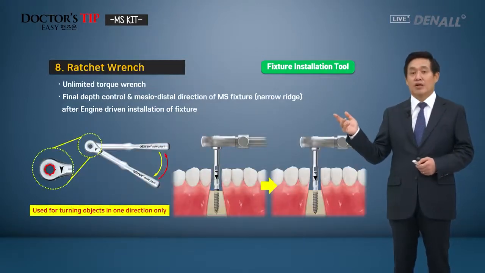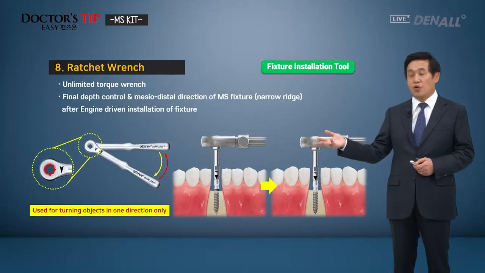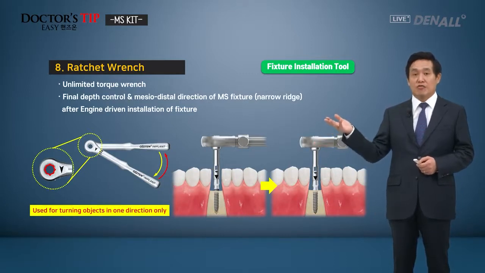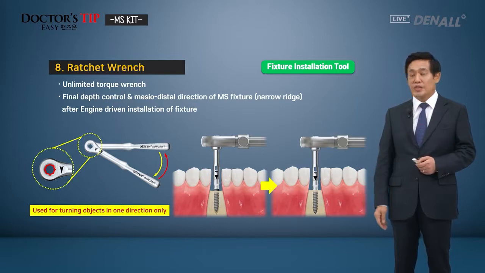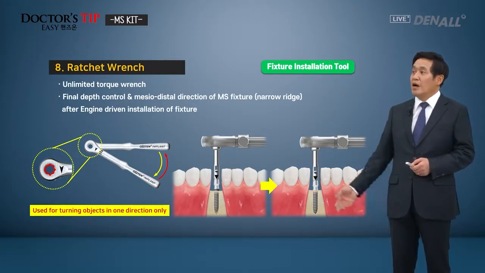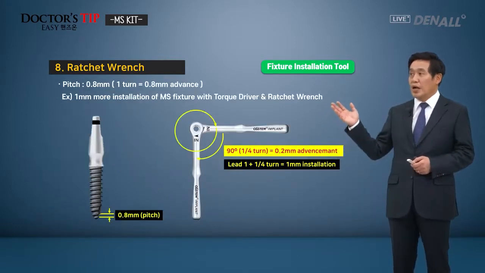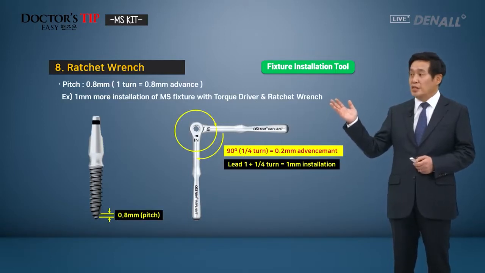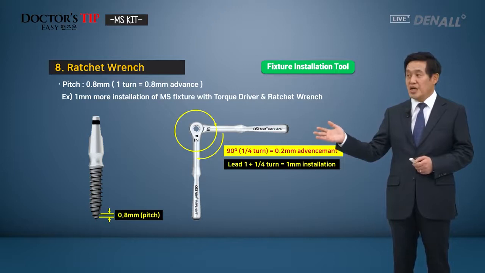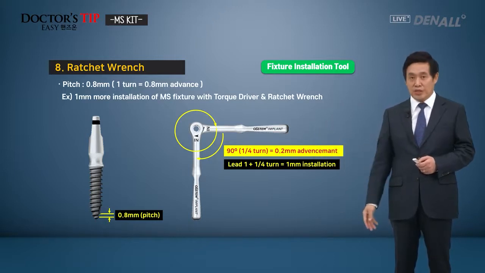Next is the ratchet wrench. This is a very basic tool that you would know, a one-directional ratchet wrench, and you can use it as a hand wrench. And one more thing I want to tell you is that in the case of the mandibular anterior, for the MS implant, the pitch is 0.8.